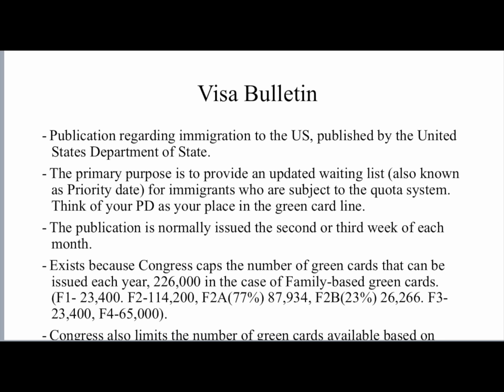Jamaica is not getting more than 7% of that 23,400. That works out to be 1,638 visas. That's the maximum green cards for the F1 category that Jamaica will get for the year.